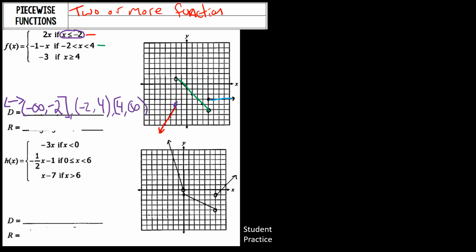So we're going from -infinity to -2, but it includes it. And then we go from -2 to 4. Nothing includes 0, but it starts at 4 again, which is inclusive, to infinity. So this is actually going from -infinity to infinity, or what you guys already know as all real numbers.